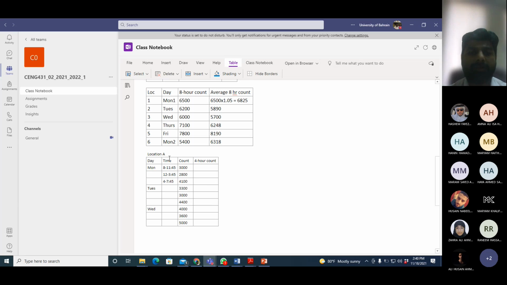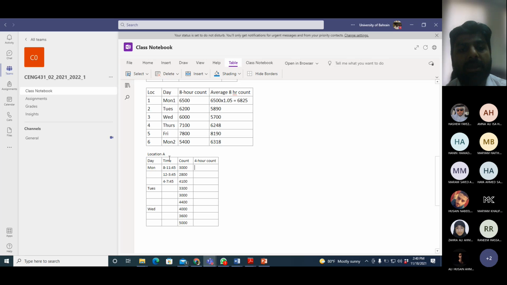So the count is taken for 3 hours 45 minutes. 3 hours 45 minutes means 3.75 hours. It may look like a very simple thing now, but many of you make this mistake in the exam. You take 3 hours 45 minutes as 3.45 hours. 1 hour is not 100 minutes. 1 hour is 60 minutes.